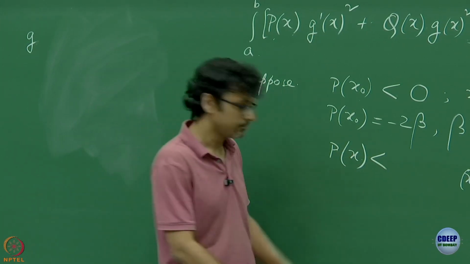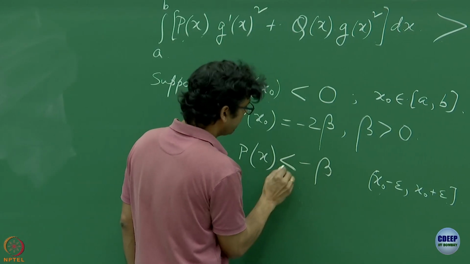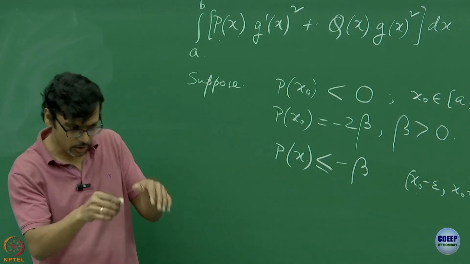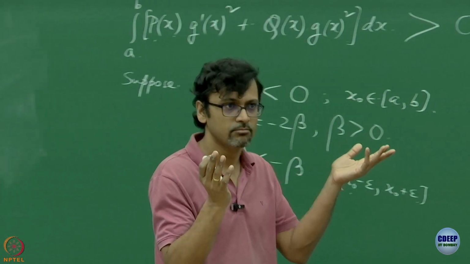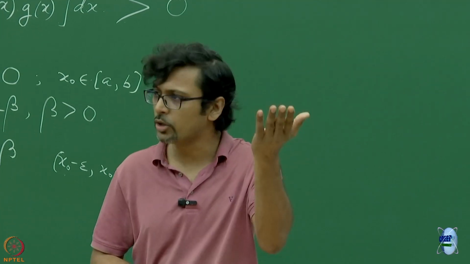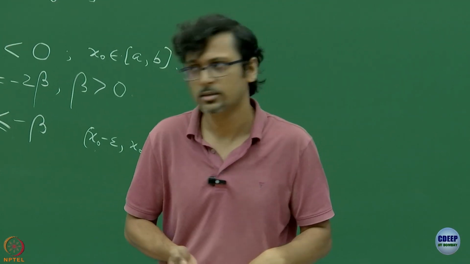Minus beta. You can make it less than or equal to minus beta, does not matter. It might rise from its negative value of minus 2 beta, but it does not rise beyond minus beta, because minus beta is higher on the y axis than minus 2 beta.